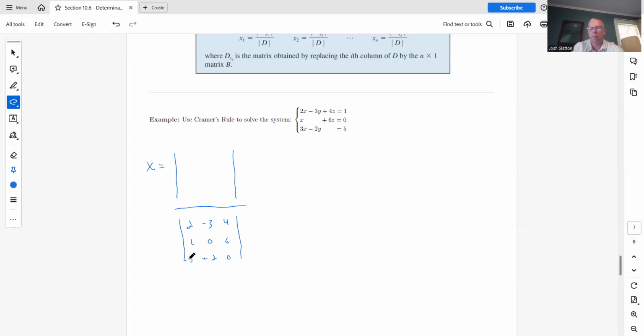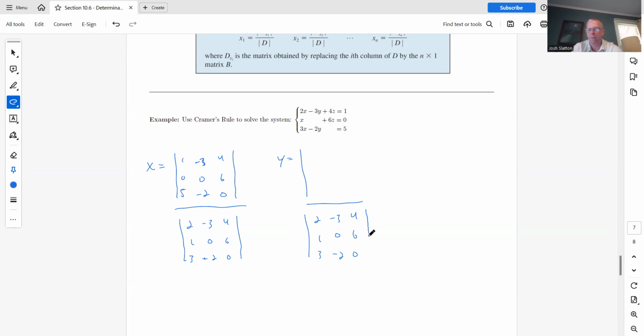Then we're going to replace this column with the 105, and these two columns are the same. Then we have the y, and we'll try to squeeze them all in here. The bottom determinant, I will write it all out.